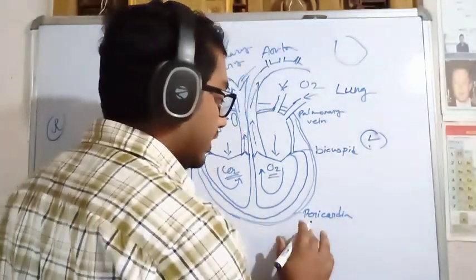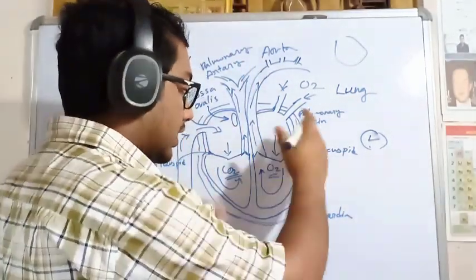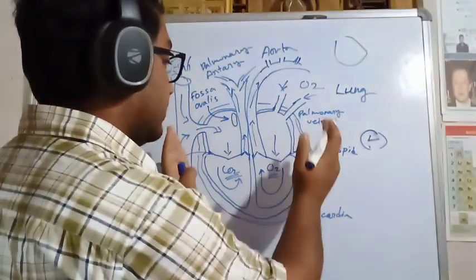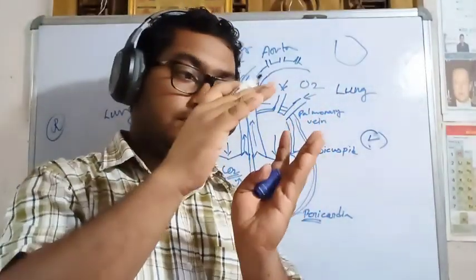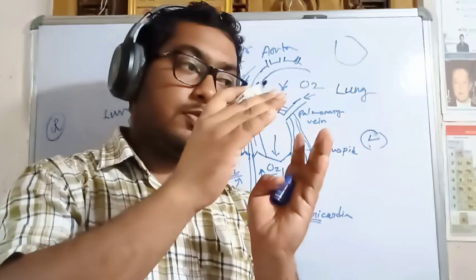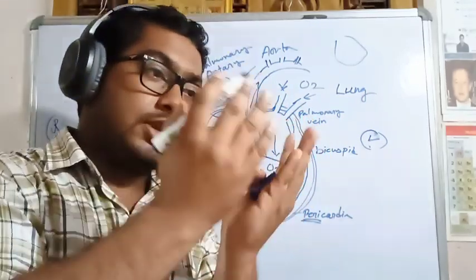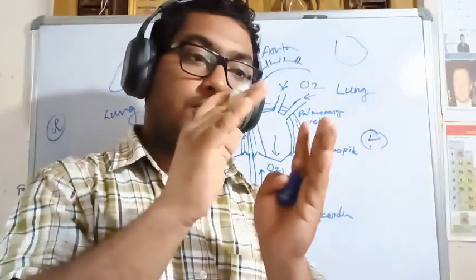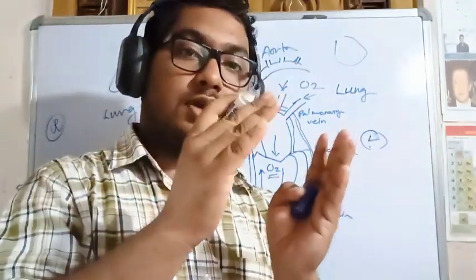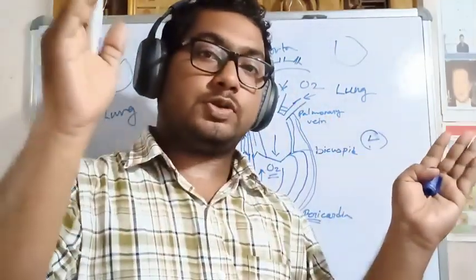Peri means outside. It is a sac-like thing that holds the heart, and it also prevents the heart from over-expanding. The heart expands, but not too much.